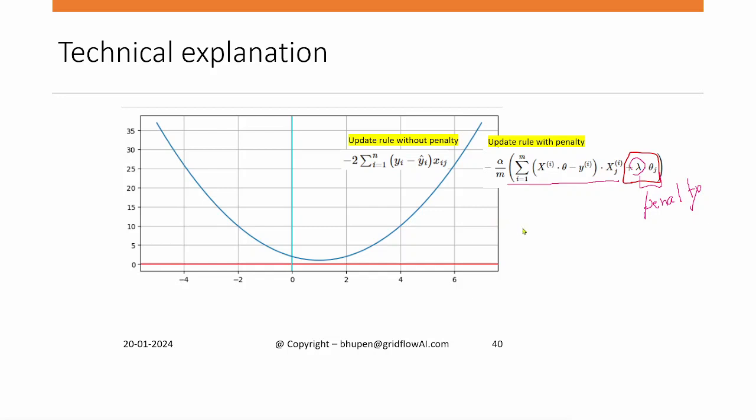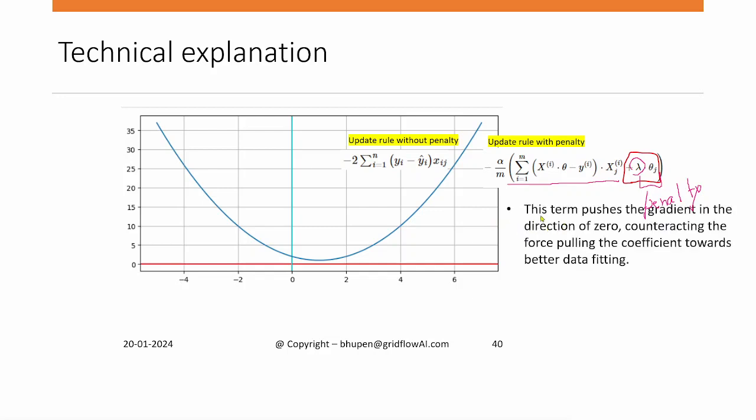Essentially, what happens is because of the penalty term that pushes the gradient towards zero. So this is your minimum point. And in this case, your gradient will be whatever the gradient that you have computed, and that gradient will be pulled towards zero.